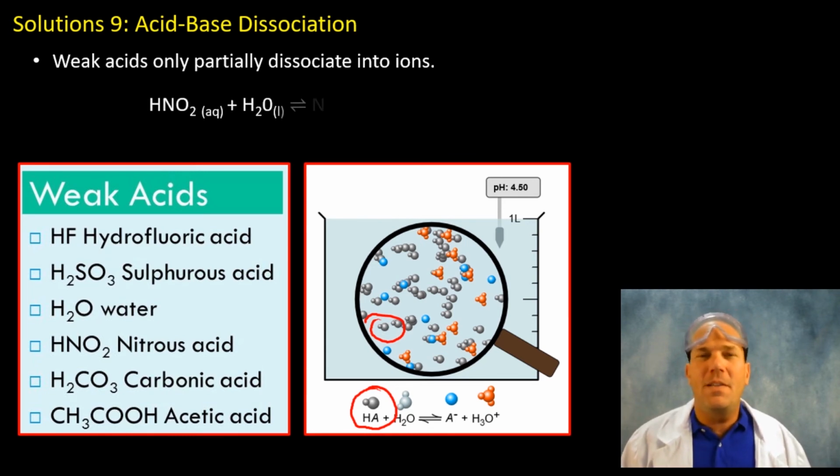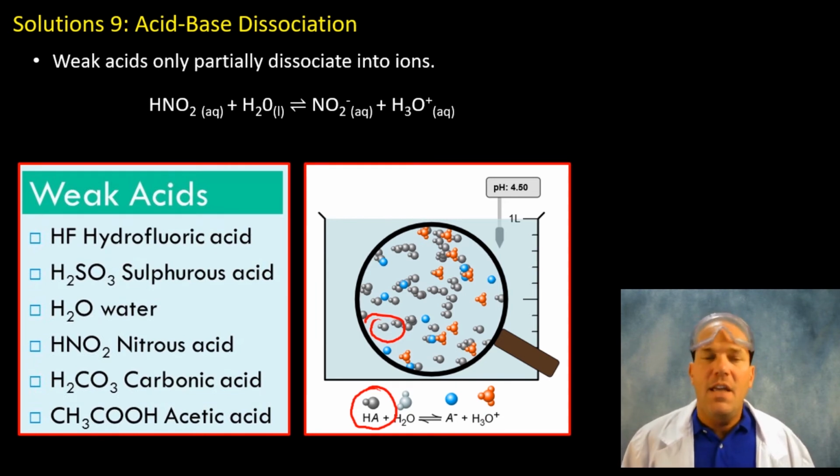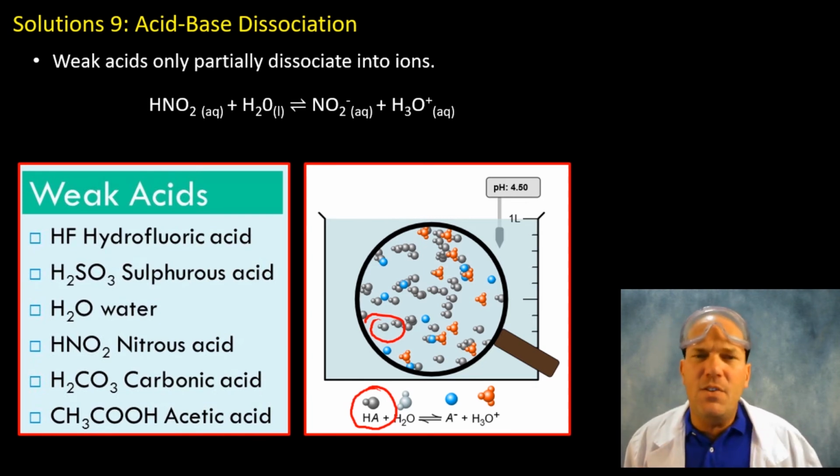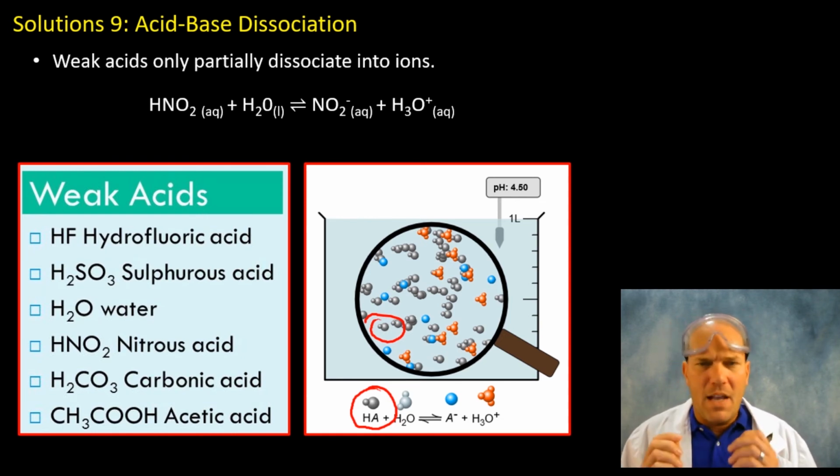Okay, so if we look at the dissociation here of nitrous acid, we're showing it here with water. Note the two-way equilibrium arrow. It will dissociate only partially into the nitrite anion and the hydronium ion.